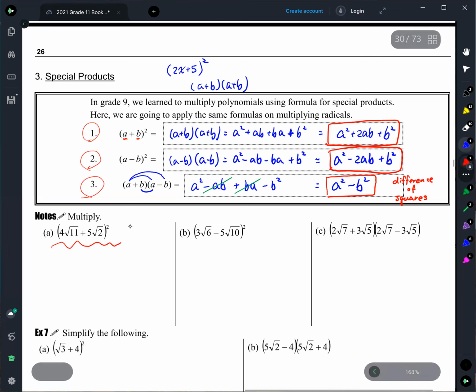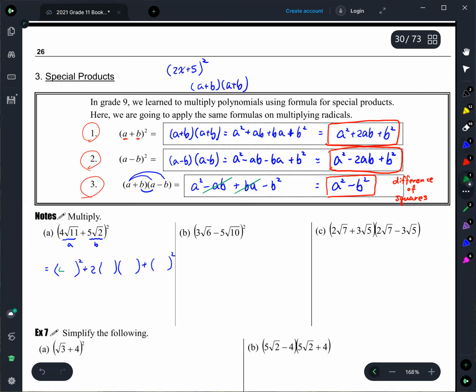Okay, so let's use that. Let me write it down. This part is the A. This part is the B. Based on the formula, we know that it will equal A squared plus 2AB, plus B squared. So fill in the A and B into the brackets.